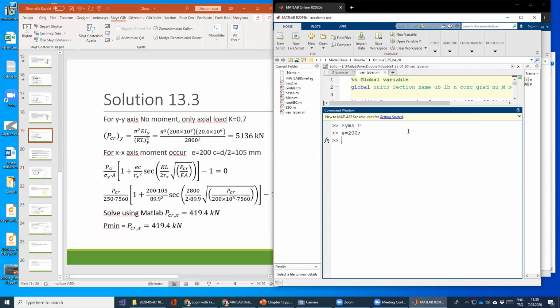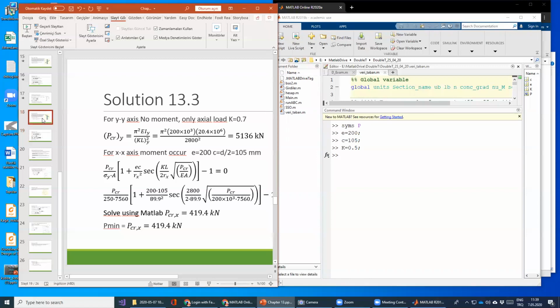So eccentricity is given, 200. Also, C is given, 105. Also, we have a K value. K is equal to 0.5. And sigma y is needed.